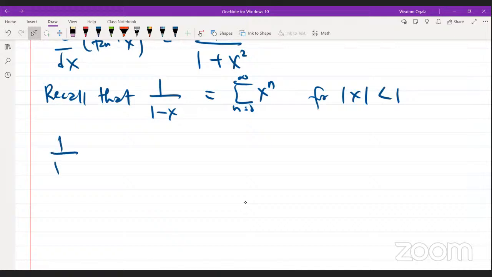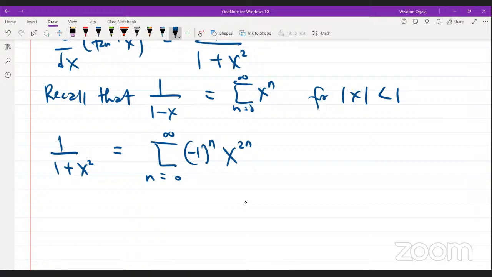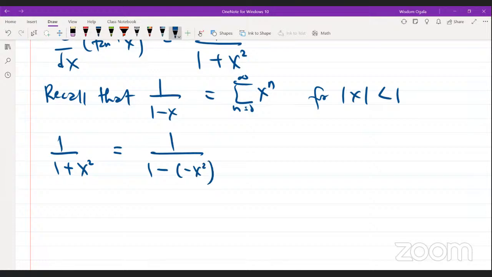What is going to be the power series form for this? It's exactly what we have been doing before. So perhaps we can do that together: 1 over 1 plus x squared.